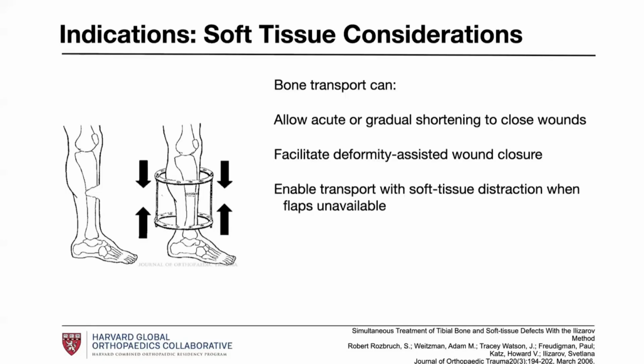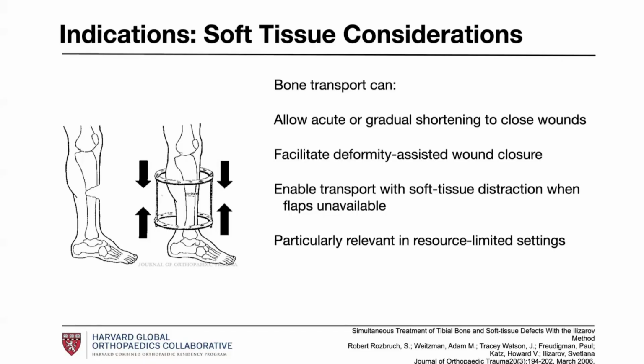And then we can utilize the osteogenesis to also distract adjacent soft tissues when flaps are unavailable. And this is particularly relevant in resource-limited settings.